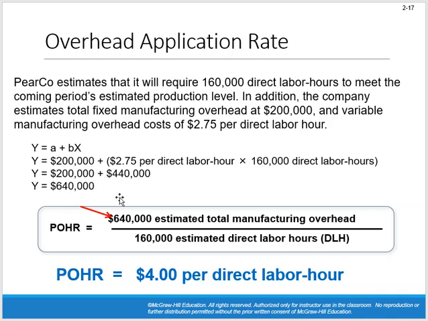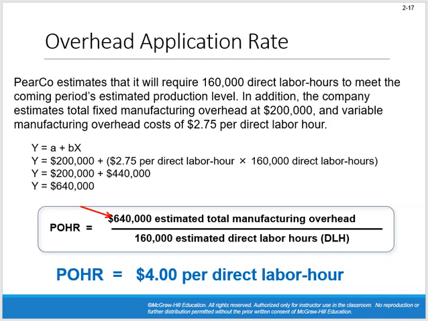So that ends up being our numerator. So we've got 640,000 in the numerator divided by 160,000 in the denominator, and we have a predetermined overhead rate then of $4 per direct labor hour. 640 divided by 160 gives us $4 per DLH, direct labor hour.